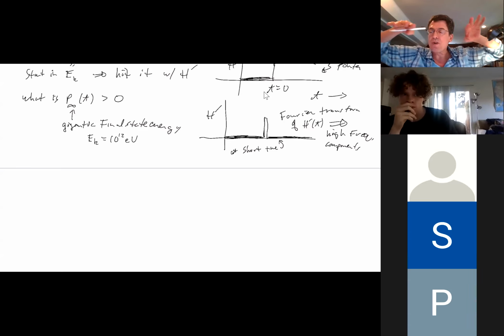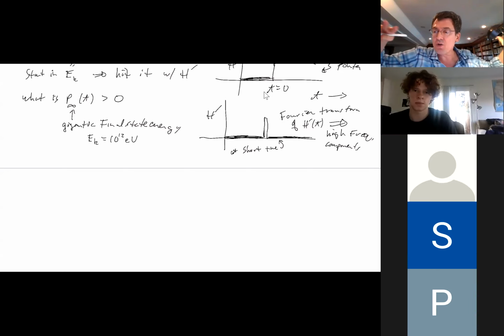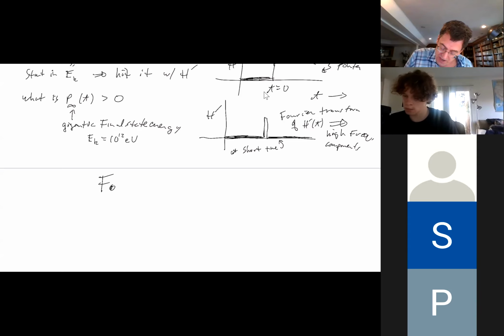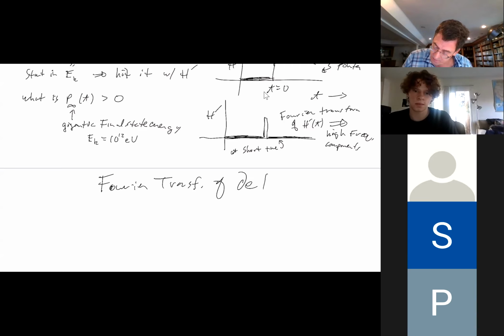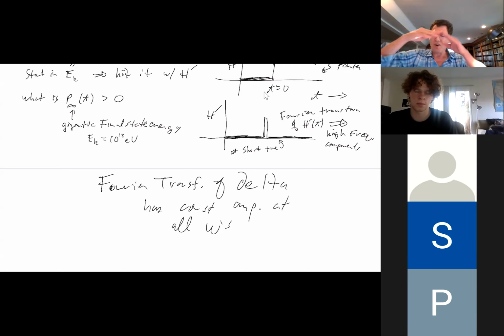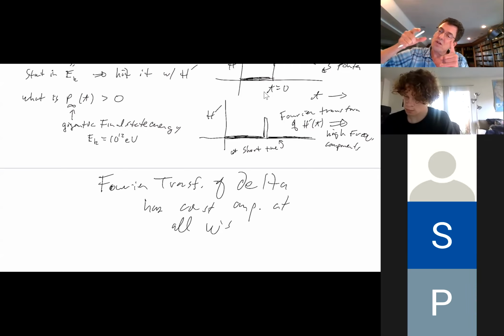It has constant amplitude at all frequencies, including infinity, out to infinite energy. So essentially, when I turn my perturbation on and off very quickly, that's essentially the same as injecting potentially huge amounts of energy. So it's a little bit of a trick.